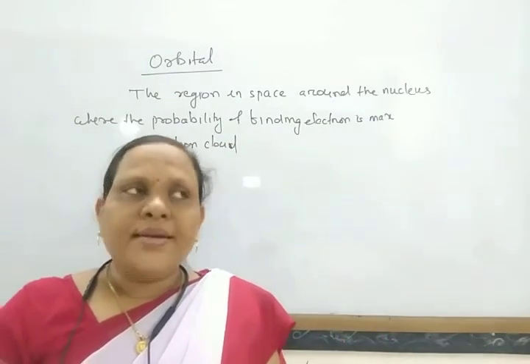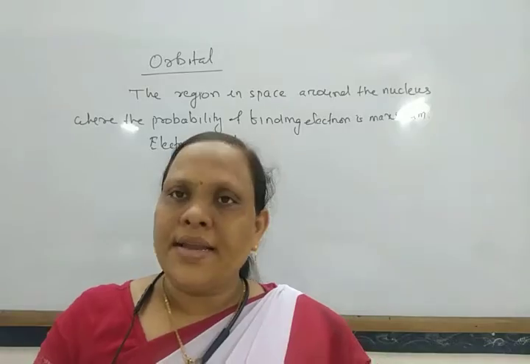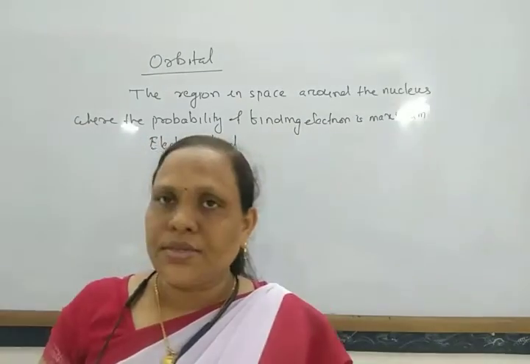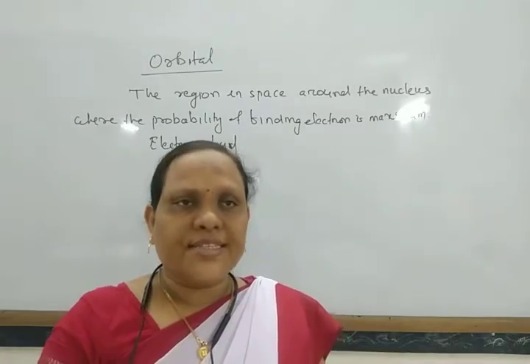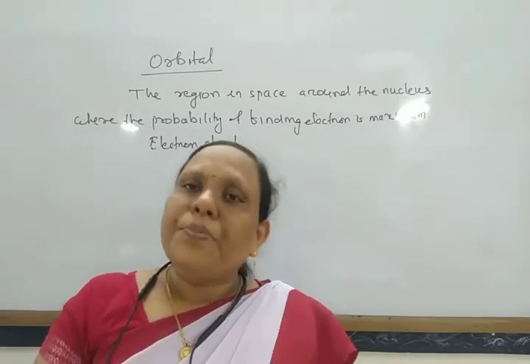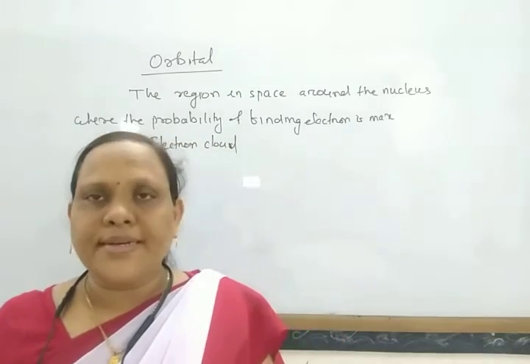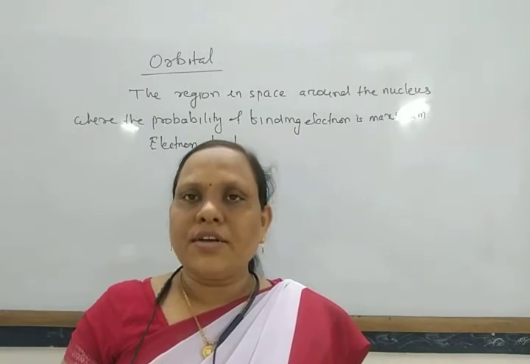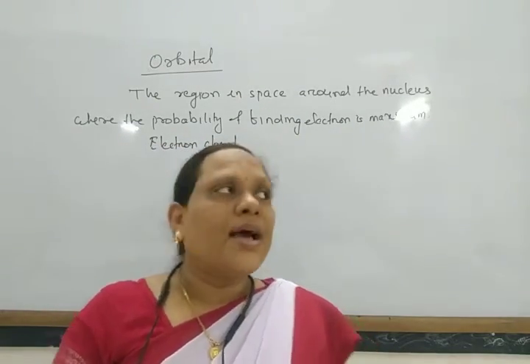An orbit is non-directional in nature. An orbital is directional in nature. An orbit is always circular. Orbitals are of different types: spherical, dumbbell, double dumbbell, and so on.